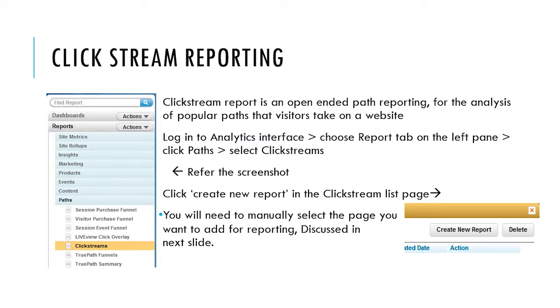If you choose to do exactly what we have discussed in this slide, you'll have to manually select the page you want to add reporting for. There's another method which is recommended, discussed in the next slide.